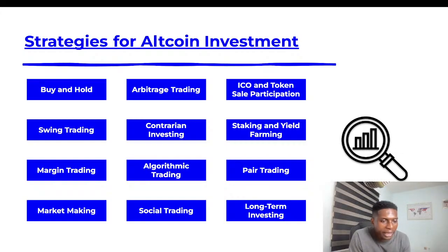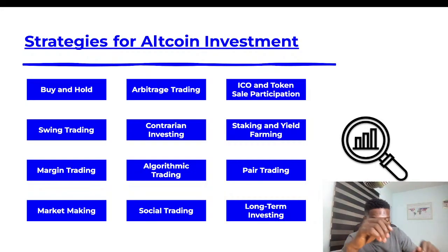There is also what we call swing trading. That is buying and selling within a period of time, like 1 week, 1 month, and the likes. That's swing trading. Now we also talk about arbitrage trading, which means you are trading the altcoin at different prices, taking advantage of the price differences in the token.